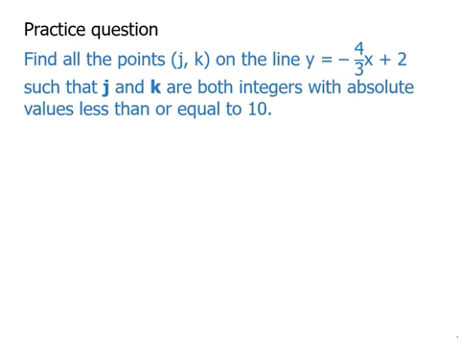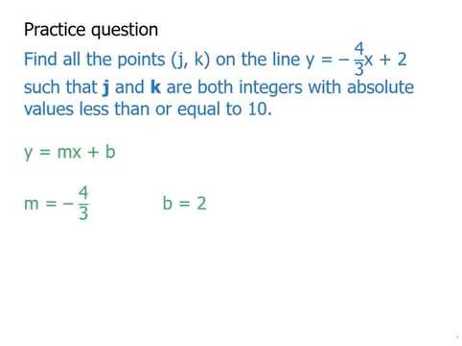Here's a practice question. Pause the video and then we'll talk about this. Okay, find all the points j, k on the line y equals negative 4/3 x plus 2, such that j and k are both integers with absolute values less than or equal to 10. So this is in y equals mx plus b form.